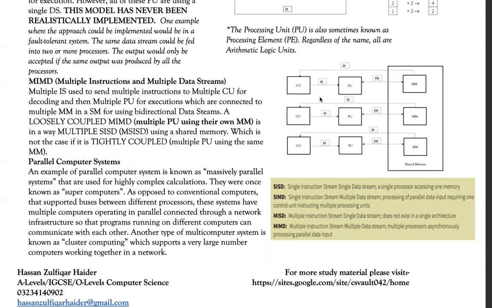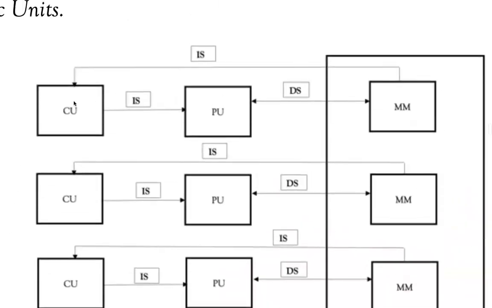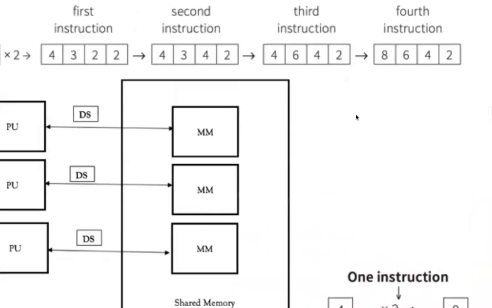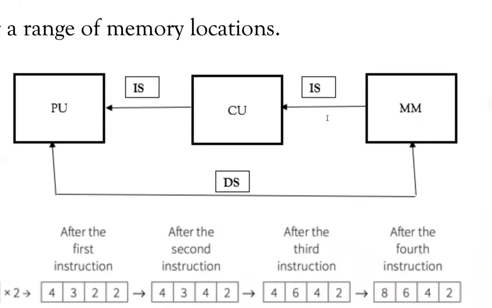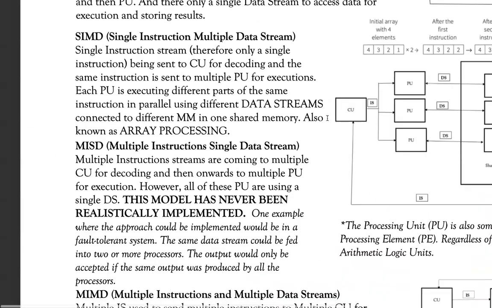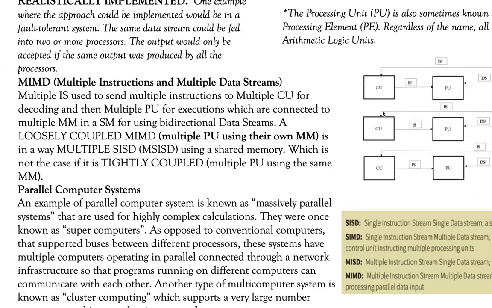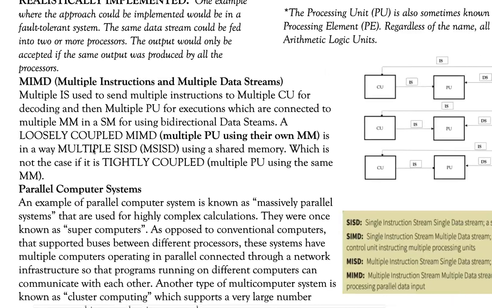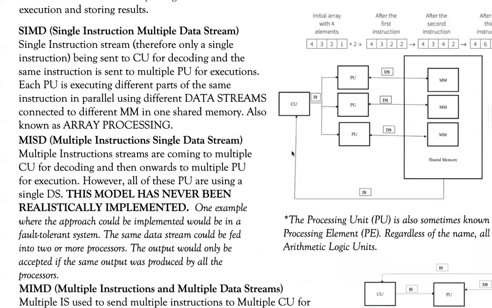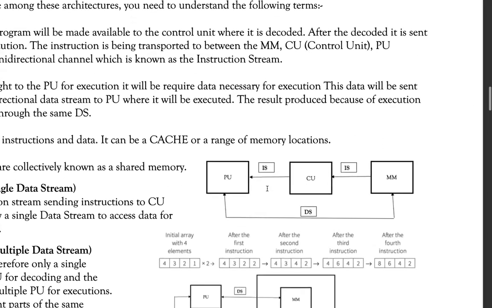In fact, if you look closely, this one separate loosely coupled MIMD looks like a single SISD. So in a sense, you can say that loosely coupled MIMD is actually multiple SISD, because each component looks like this.